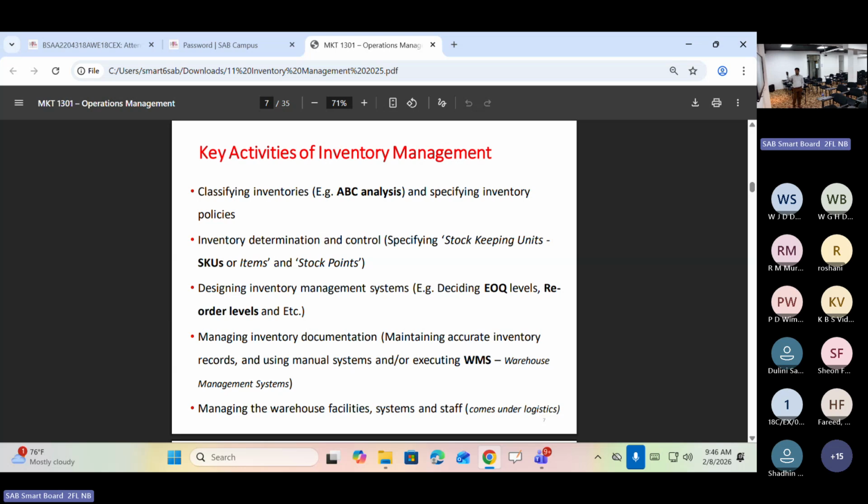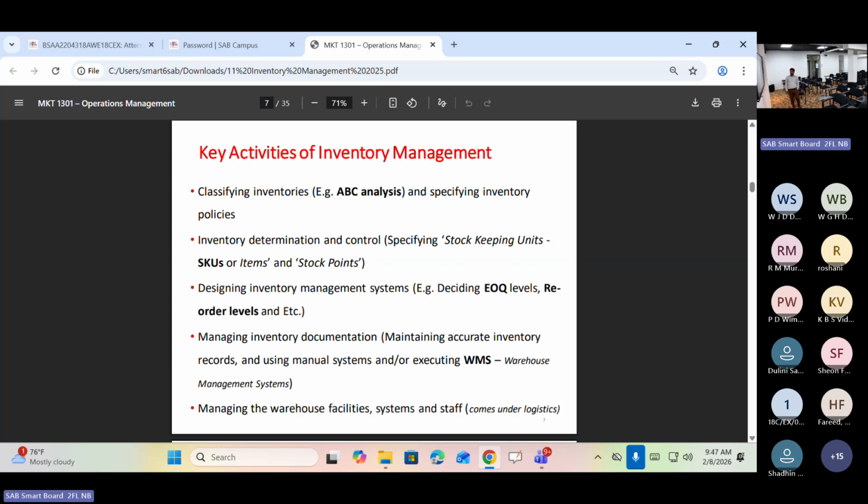Probably I will not discuss other things in detail, like inventory documentation, inventory management systems, like warehouse management systems and all the digital options available. Those will be discussed in detail in the ERP module.